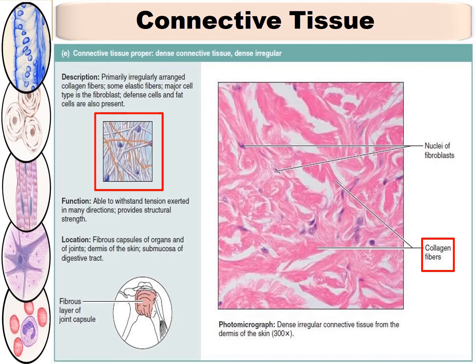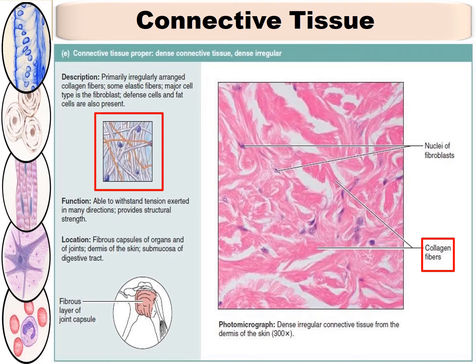Defense cells and fat cells are also present. This dense irregular connective tissue is able to withstand tension exerted in many directions. It provides structural strength.